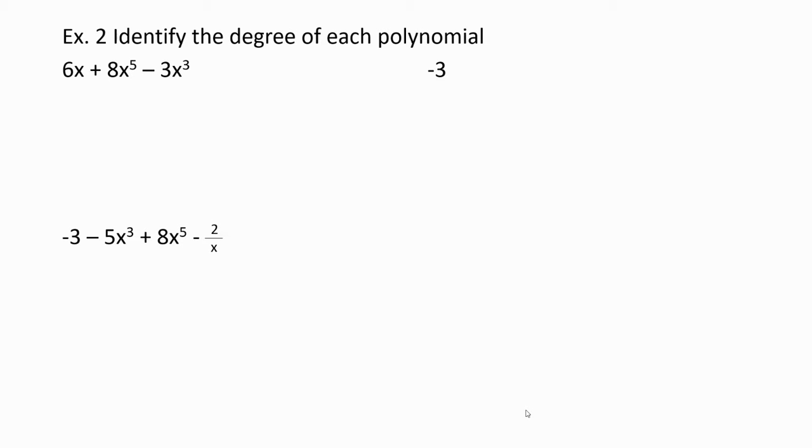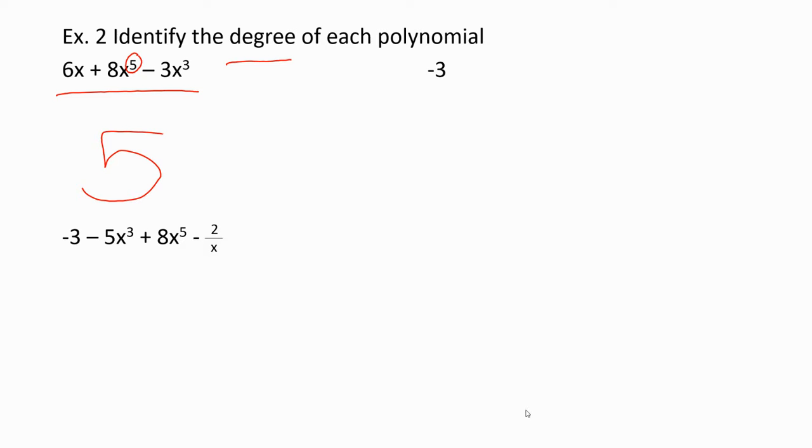The next example wants us to identify the degree. Remember, the degree means the greatest exponent. When we look at this first polynomial, it's actually a trinomial because there's 3 terms. The largest exponent is 5. So the degree of that polynomial is 5. When we look at this next one, there is no variable. This is still a monomial because it has 1 term, but there is no variable.